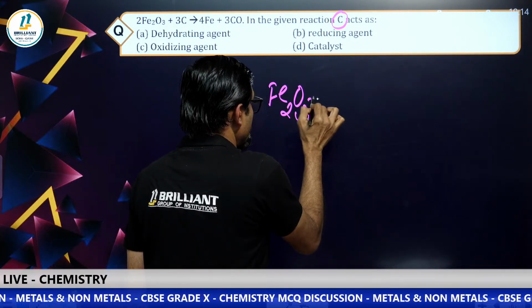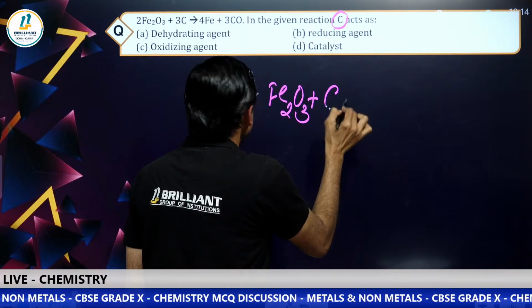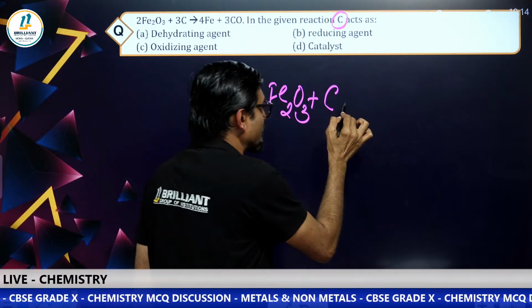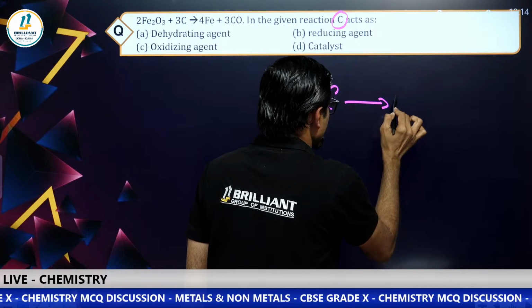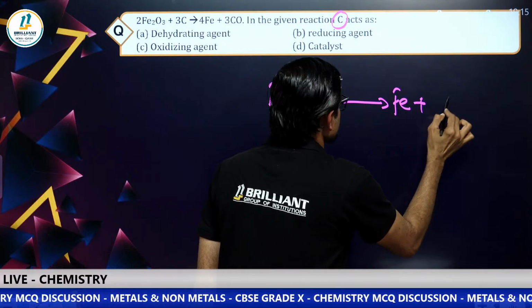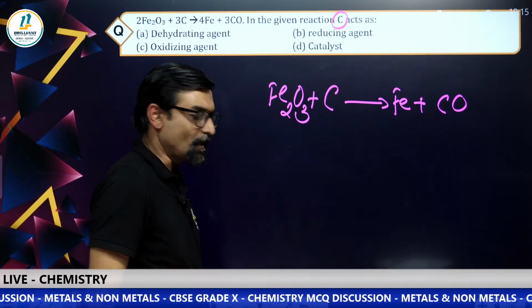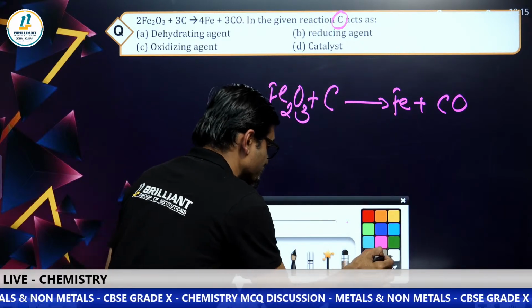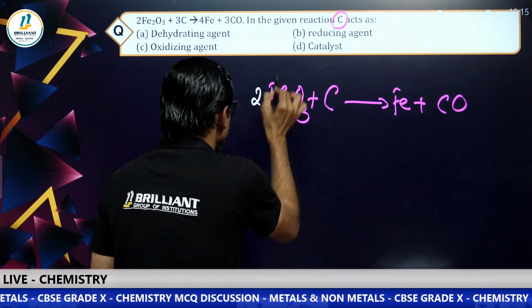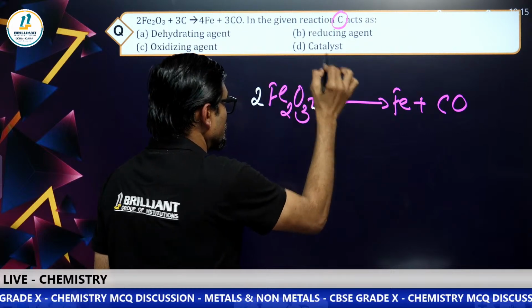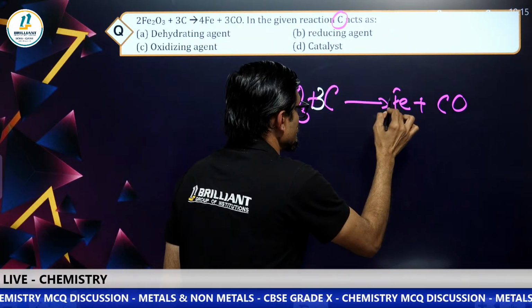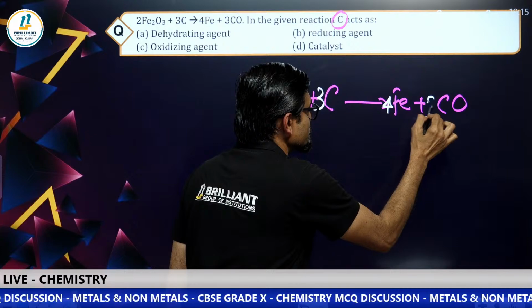Fe2O3 plus C. I'm not balancing it, okay? I'm just writing the blank equation. Gives rise to Fe plus CO. For your convenience, let me put the numbers also: 4 Fe and 3 CO.